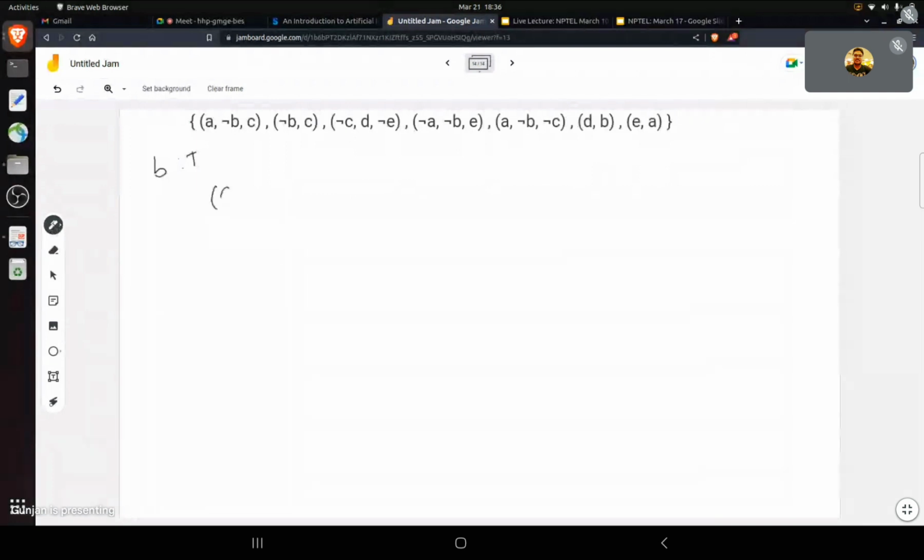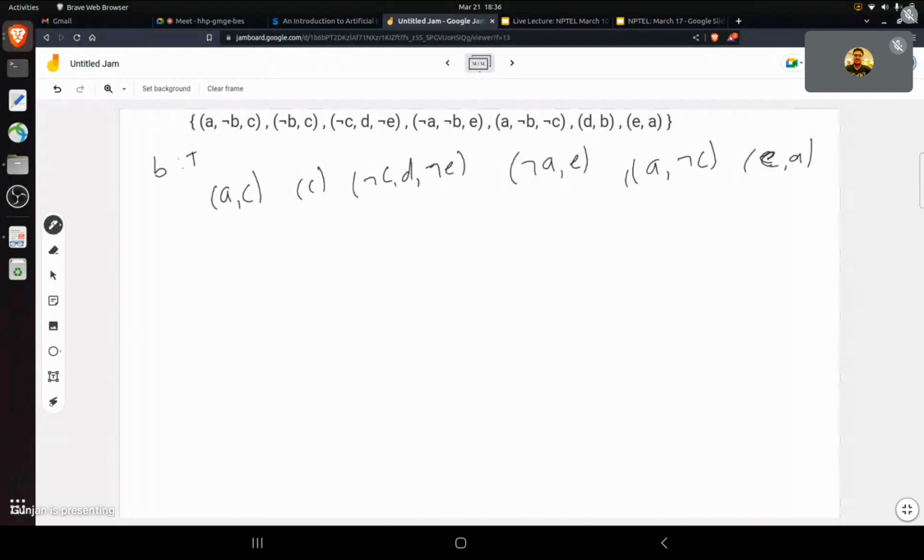A false or C, so essentially A or C. This will become false or C, so it will just become C. This will become not C or D. This will become not A, comma E. This will become A comma not C. This will become true, since B is true and D or B becomes true, and then we have E or A.